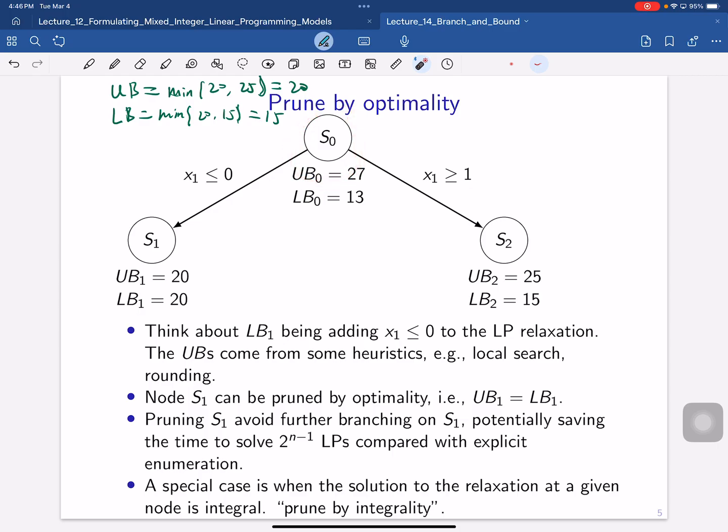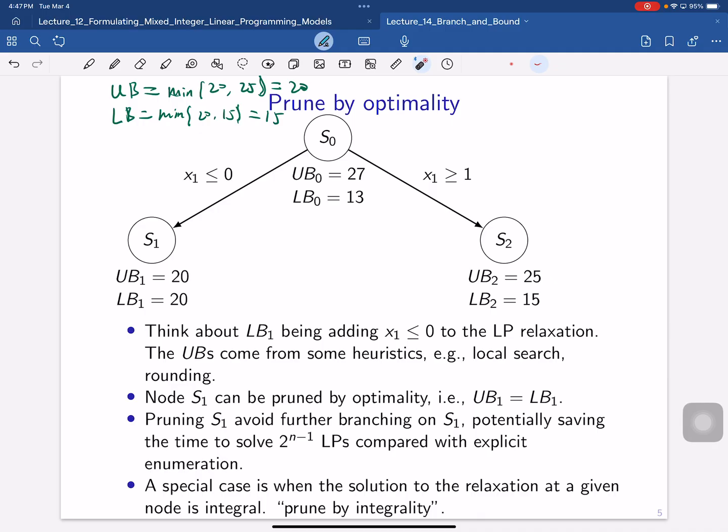Okay. Now let's come back to my question here. When you solve a relaxation at a given node, let's assume you are solving the root node relaxation. After you solve the root node relaxation, all the binary variables are integral, right? So why can you fathom by optimality? Isn't it the same as saying that this is the upper bound and the lower bound at the same time?